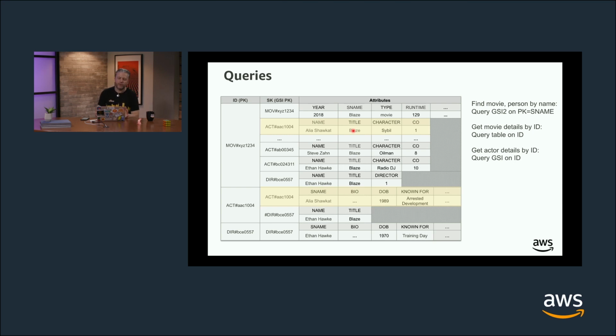But when we do a query on the GSI, if we don't have the title, all we have is the movie ID, the partition key. And if we would like to show the title of the movie, then we would either need to query the table for that partition key, or we can simply project the title into this record.